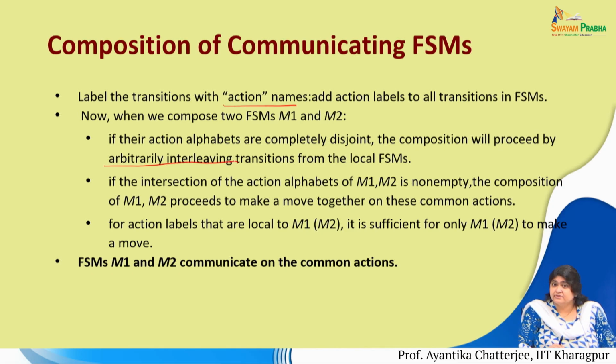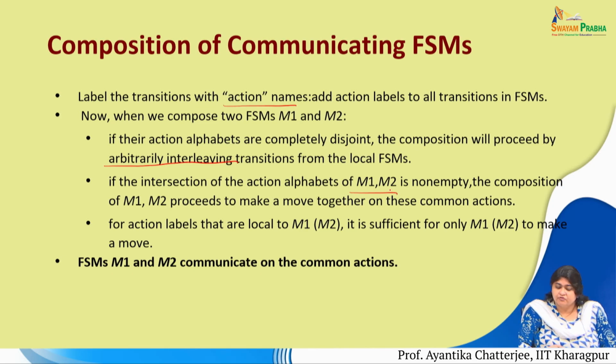But if there are some common actions between these two FSMs, let us say M1 and M2, these are the action alphabets of two different FSMs and there is some intersection, then we have to ensure, due to this communication effect, that those transitions are only taken when the common action is satisfied.